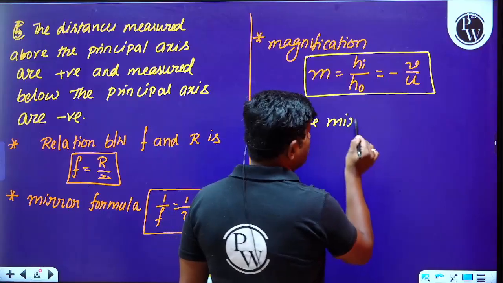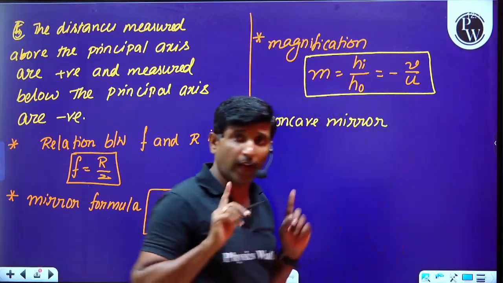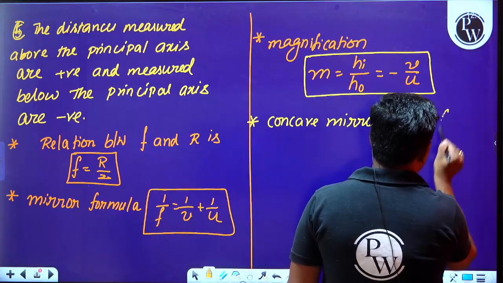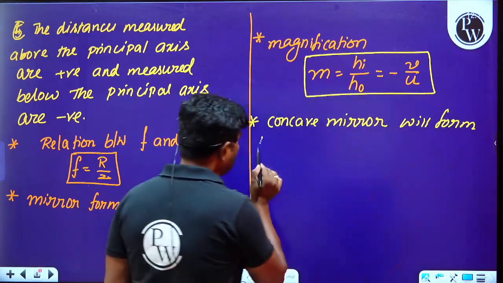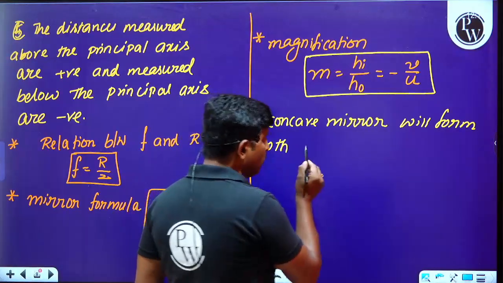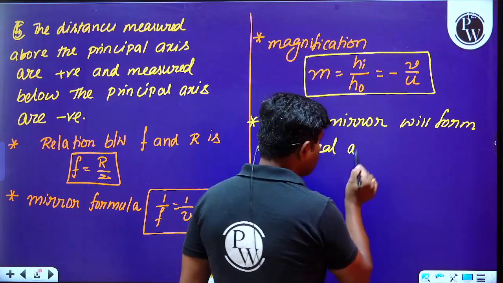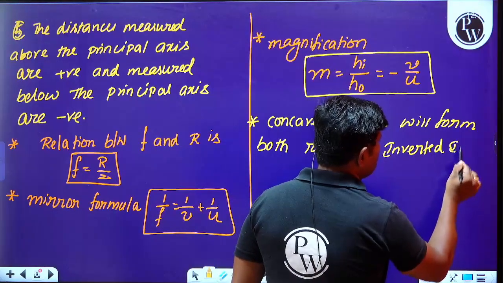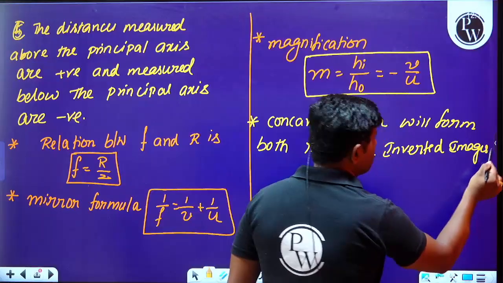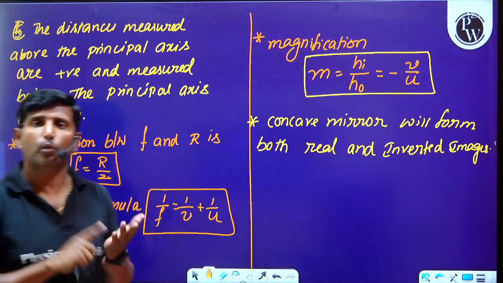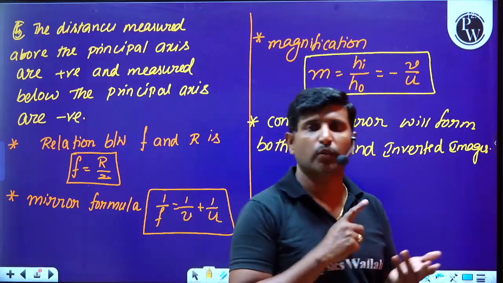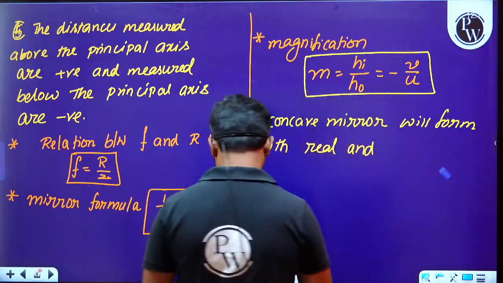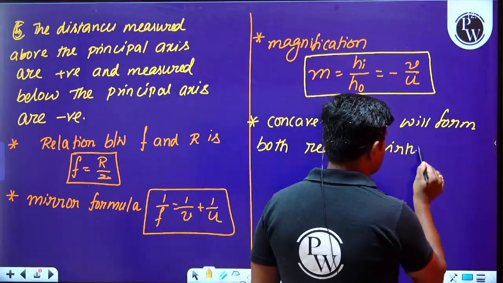The concave mirror is very dangerous, and we have to be very careful with it. Why? Because a concave mirror will form both real images as well as virtual images.